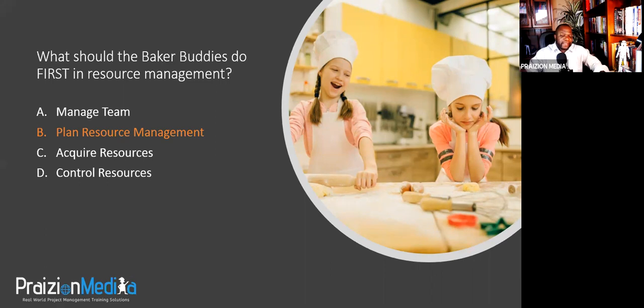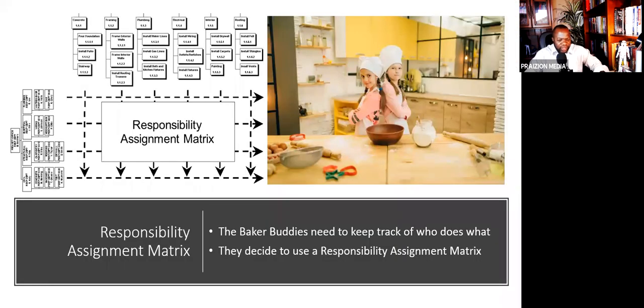So this is how the course is framed. It's framed around scenarios, scenarios upon scenarios. And then we talk about concepts. For example, the concept of a RAM. A lot of people don't know how a RAM is formed, but it's the intersection of the WBS and the OBS. And we talk about that. We make it so simple.